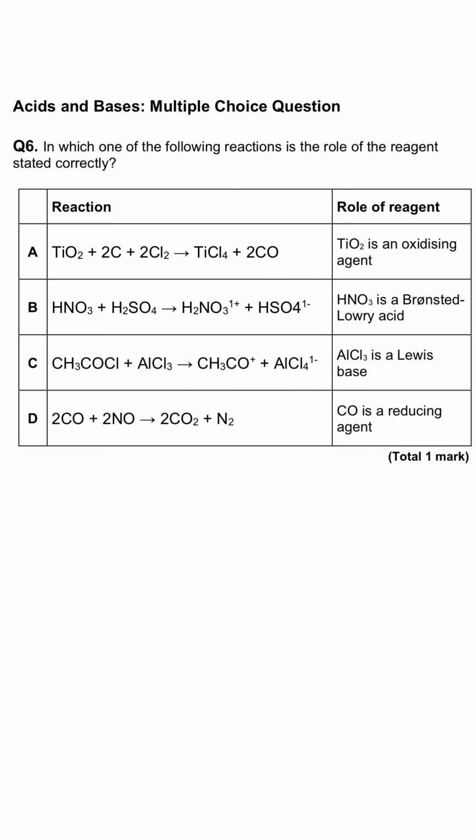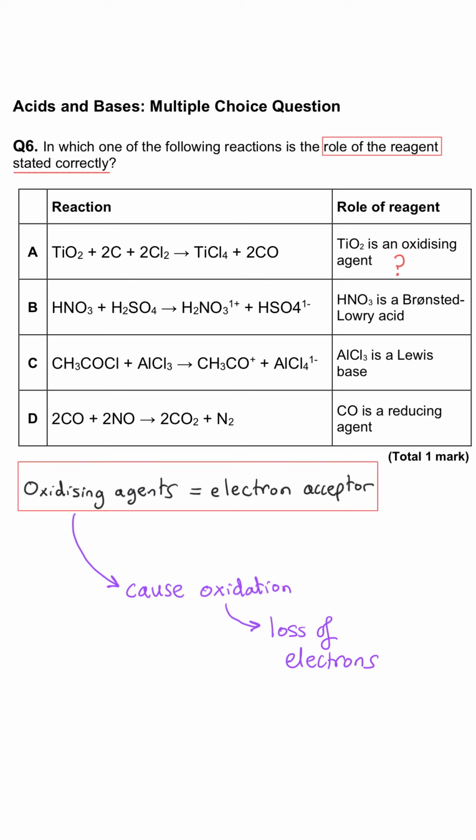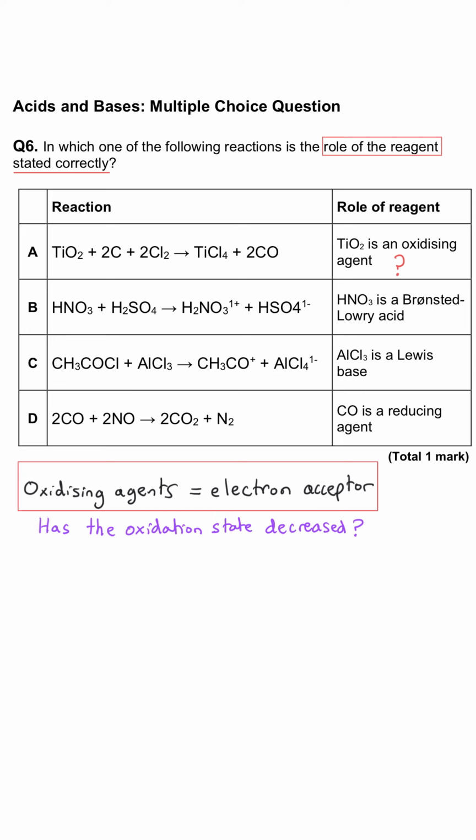In which of the following reactions is the role of the reagent stated correctly? In A, is titanium oxide an oxidizing agent? Well, oxidation is the loss of electrons, and so the oxidizing agent causes that loss by accepting electrons. And so if the element is accepting electrons, its oxidation state will be going down.